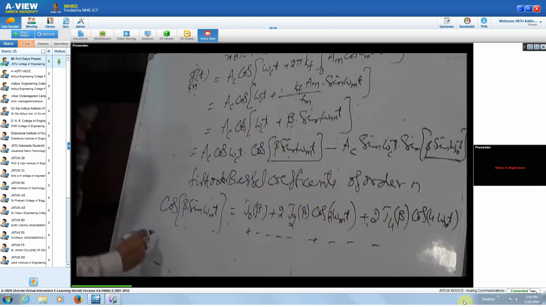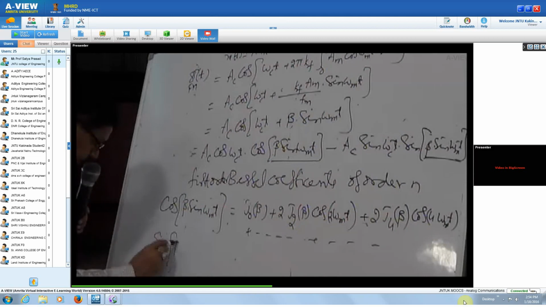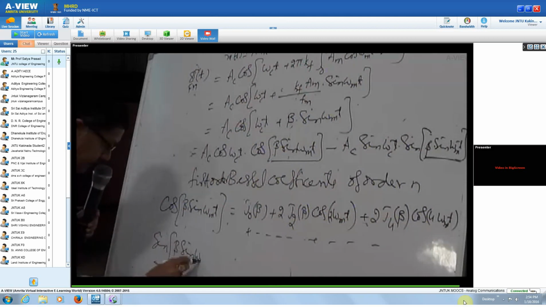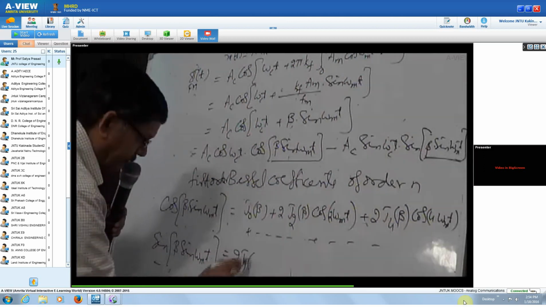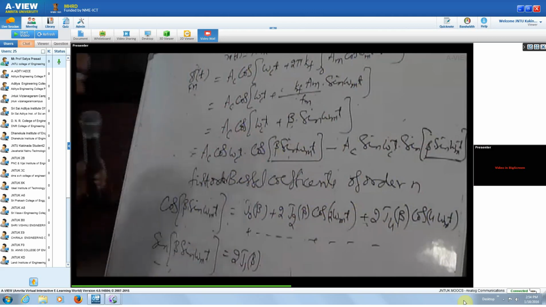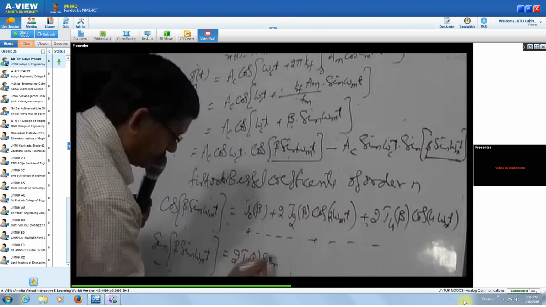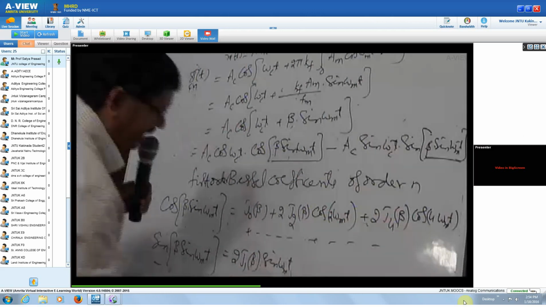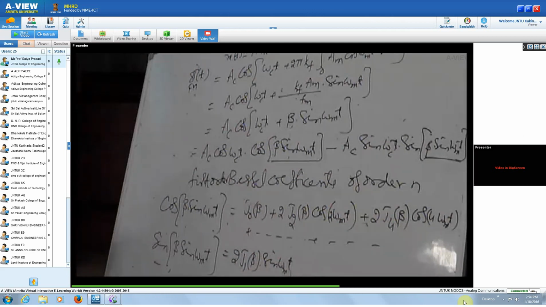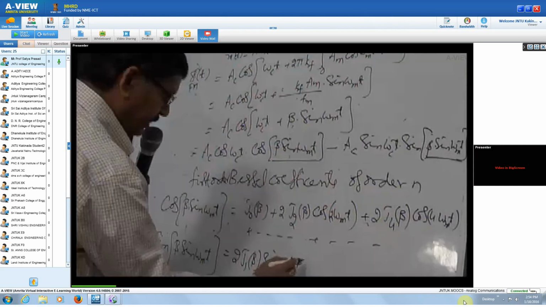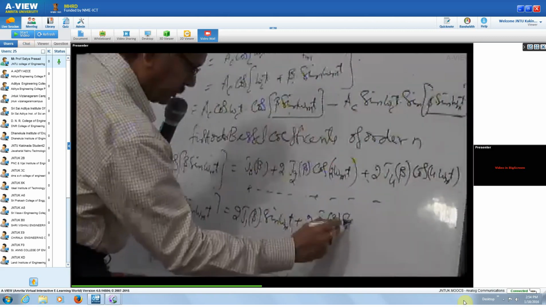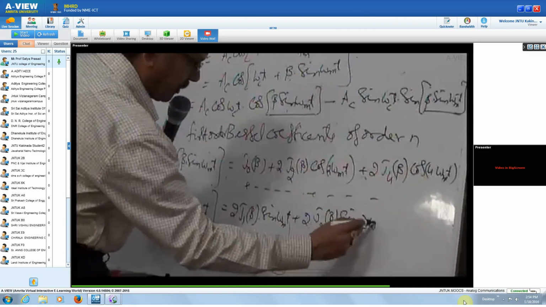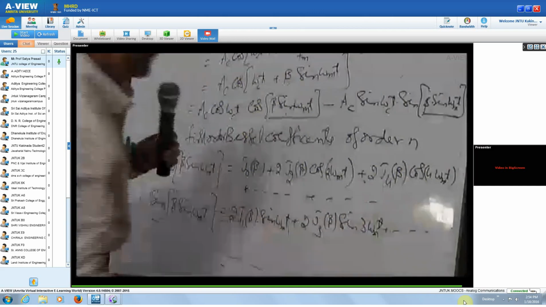Then your sin of beta sin omega m t will be equal to 2J1 beta sin omega m t plus 2J3 beta sin 3 omega m t and so on.